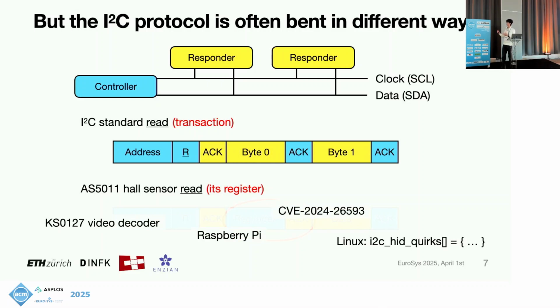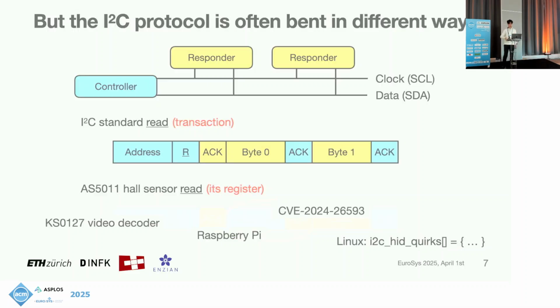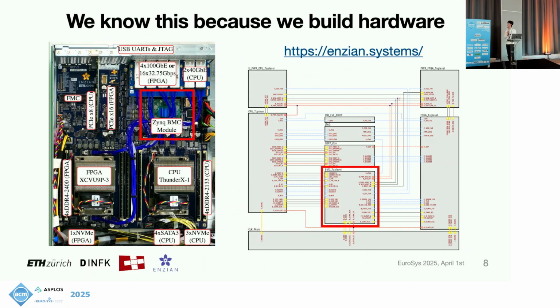In the wild, there are more devices that have I2C quirks. Even your Raspberry Pi I2C controller has quirks. There are CVE records assigned to I2C issues, and the Linux source code also contains an array of non-I2C quirks. We discovered this situation when we built our own computer engine.